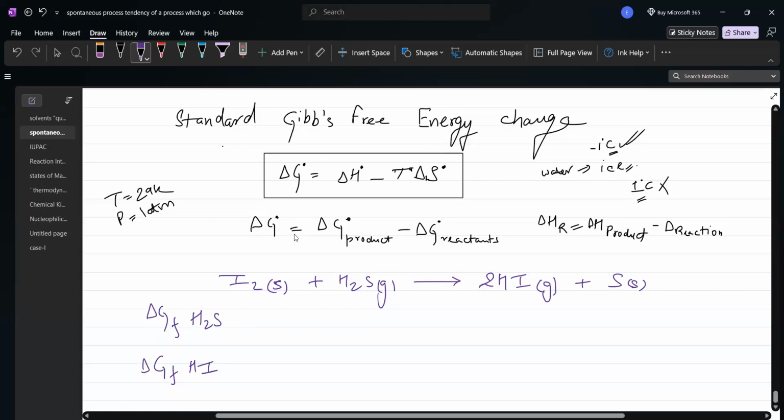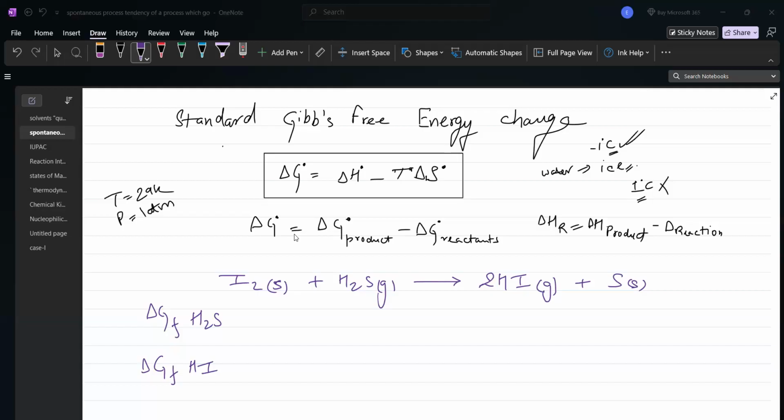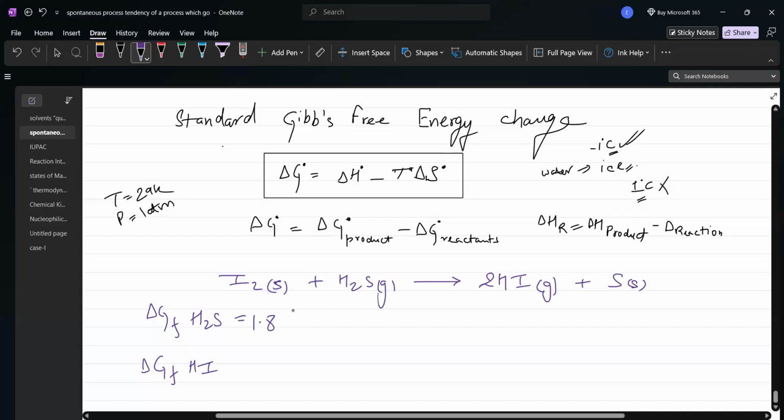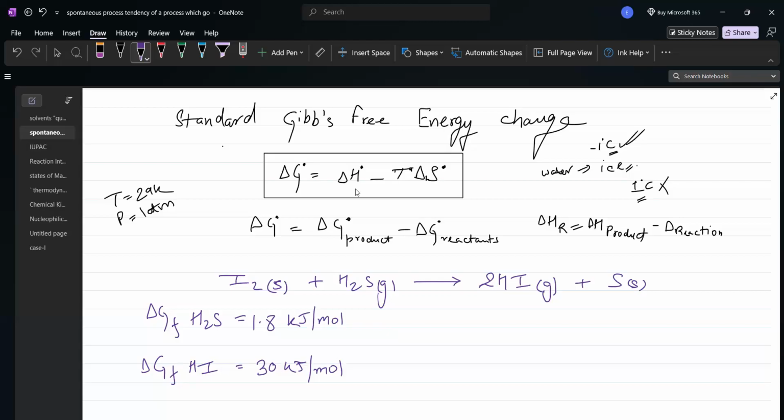If anybody wants to make HI anywhere in any part of the world, the delta G of formation of HI is, let me give you the data, then we will solve the numerical: 1.8 kilojoule per mole, and this will be 30 kilojoule per mole. So delta G of formation of H2S and delta G of formation of HI is given.